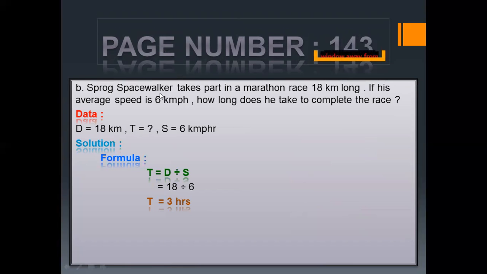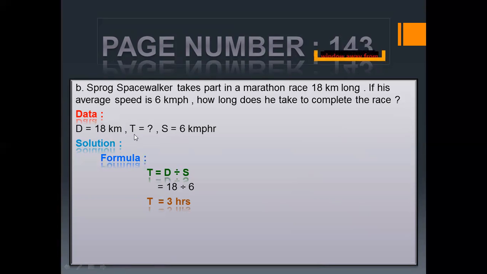In part B, 18 kilometer. Again, the unit is the distance unit. So D will be 18 kilometer. The other quantity in the question is 6 kilometer per hour. This is the unit of speed. It means speed is given which is 6 kilometer per hour.